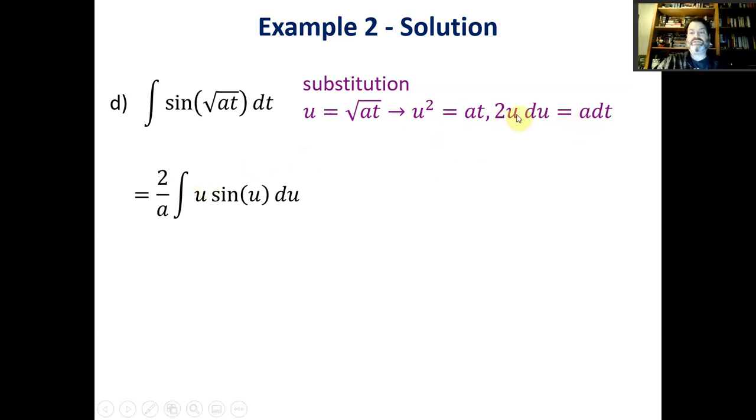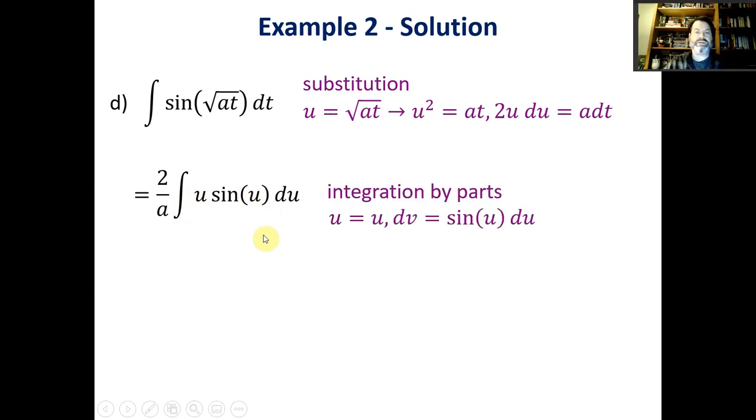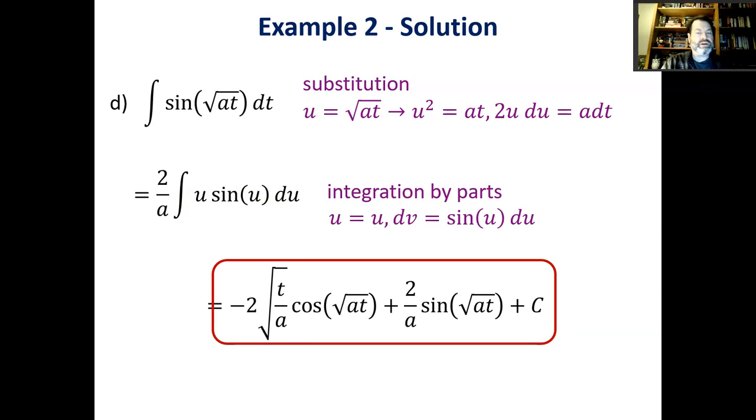Right, so this is 2ua du is dt, so 2ua du. And then this is sine u. Now what we've done is put a u in front of my sine u here. And this is a product of a polynomial and a trig function, which is integration by parts. And it turns out you finish it up using integration by parts.